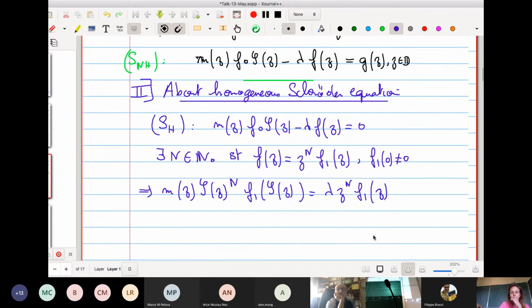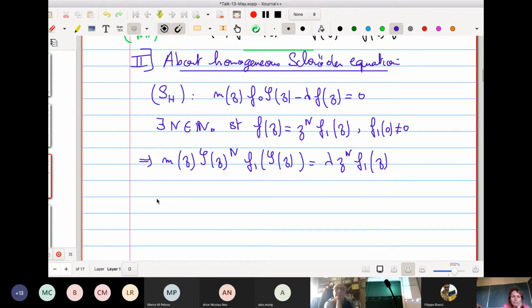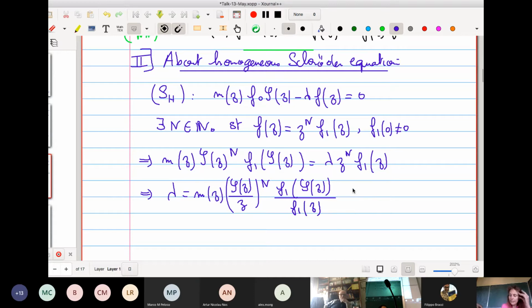Okay, so we see that lambda has the form m times phi over z to the n, times F1 composed with phi over F1, at least where z is not 0 and z is not in the set of the zeros of F1.